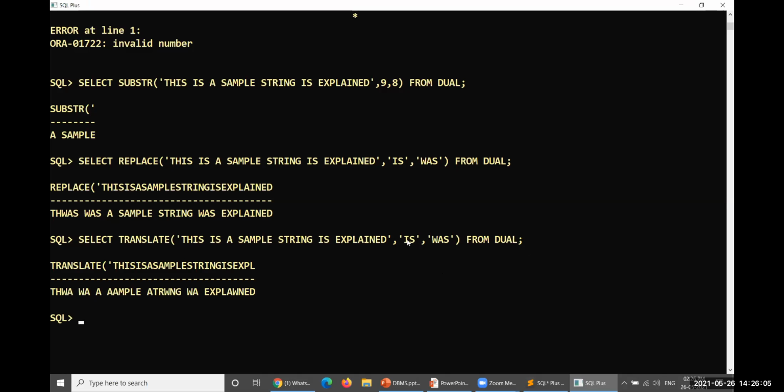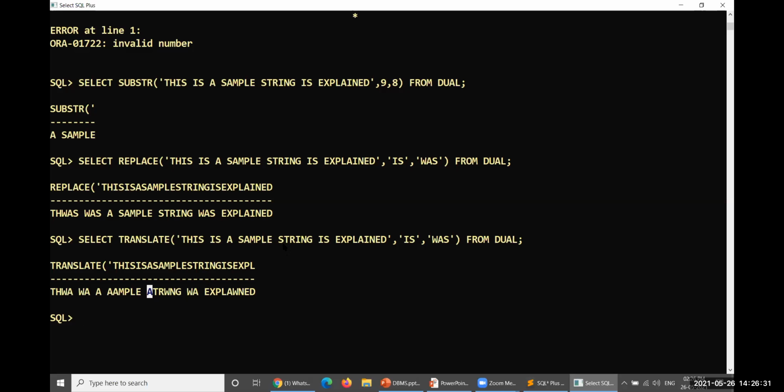Instead of I, it could be replaced with W. Instead of S, it could be replaced with A. WA. And here you can see SAMPLE, something like this. Because of S it has been translated to A, and so on.